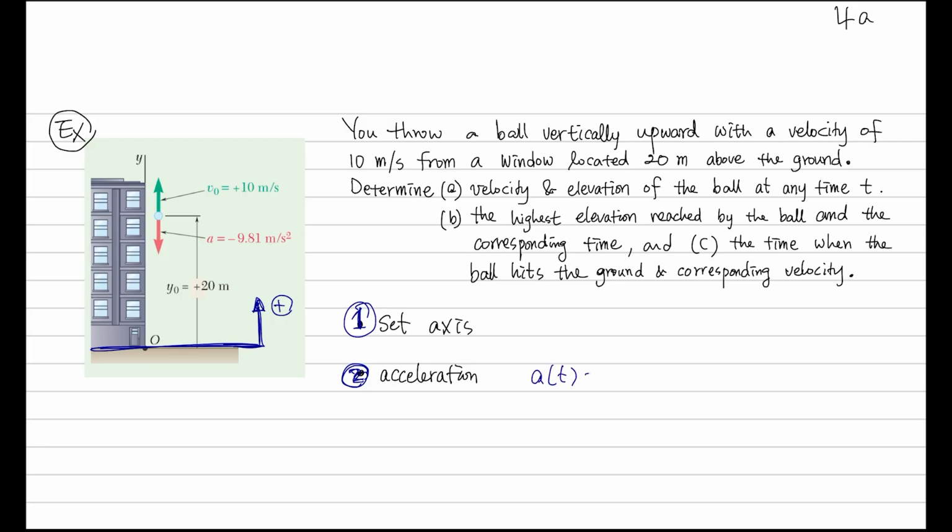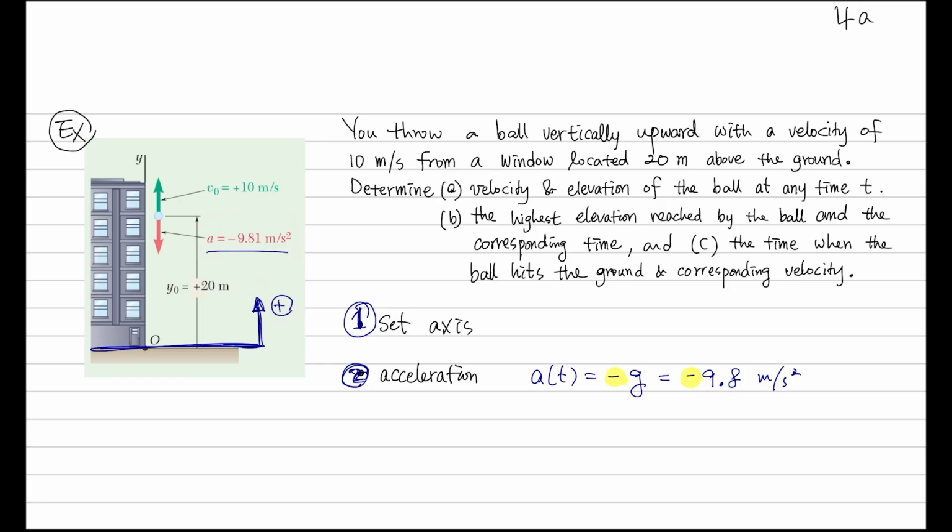Acceleration is going to be minus gravity, and here I'll just use 9.8. The important thing is I put a negative sign there because going up is my positive direction, but acceleration is going down. So it's a negative value, okay?